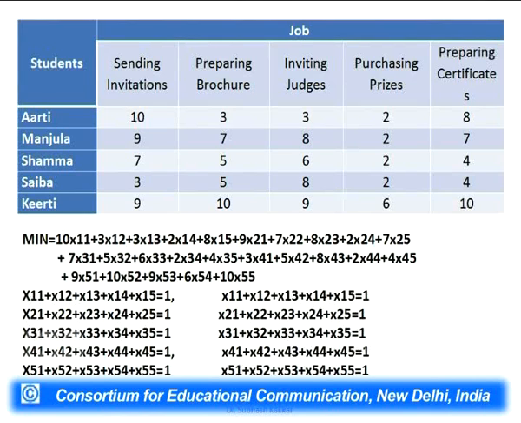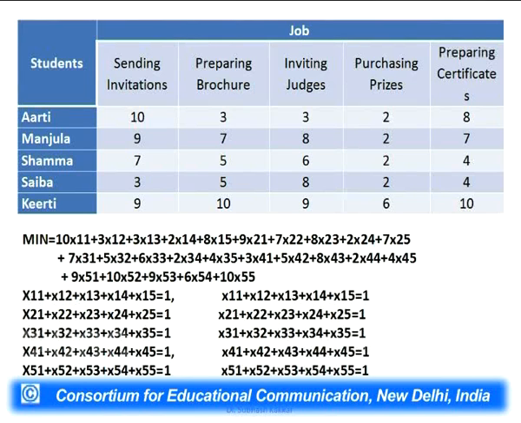The first column gives the list of students who are the members of that committee, and the second column is regarding the job sending invitations. The third column is preparing brochure. Fourth is inviting judges. Fifth is purchasing prizes. Last one is preparing certificates.